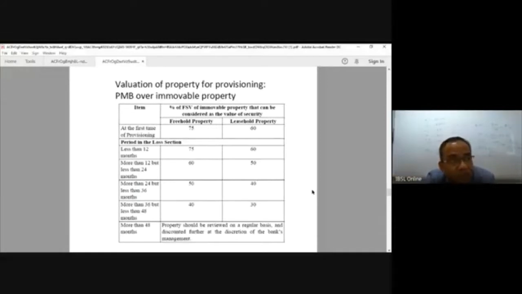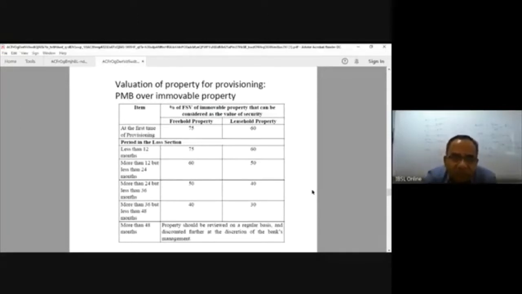Immovable property. Now if you have taken other assets like mortgage over stocks and book debts and guarantees and all that, that doesn't come here. You can't have a haircut there. You can't reduce the value of that here. But for immovable properties, if you have taken a security, we can take a percentage of the forced sale value, right?